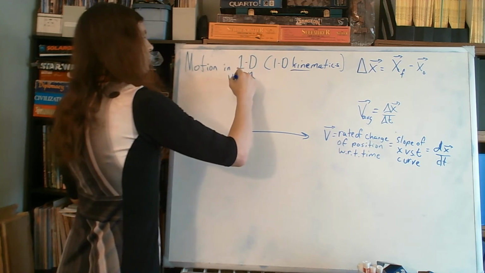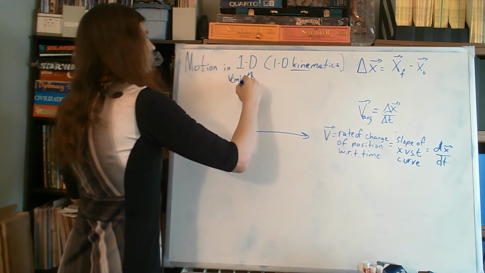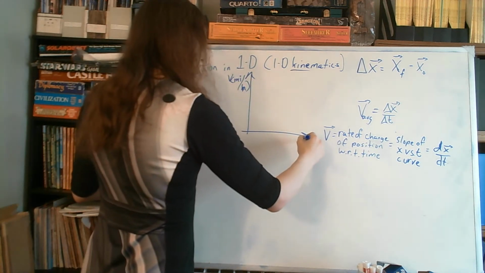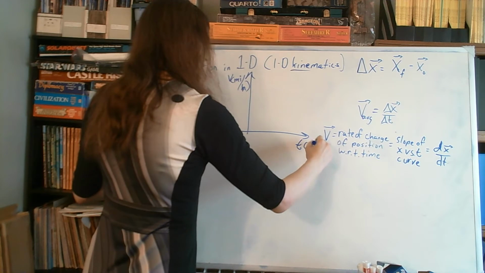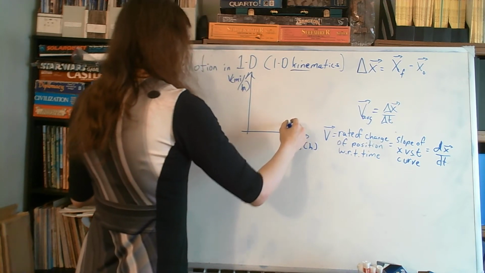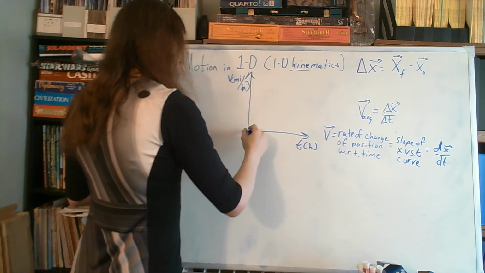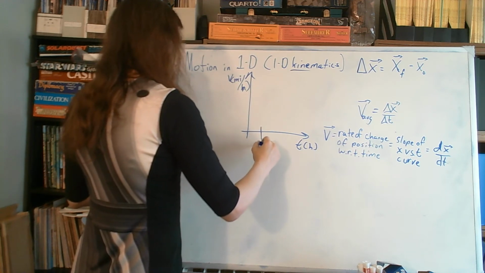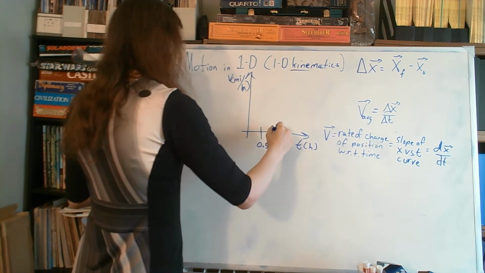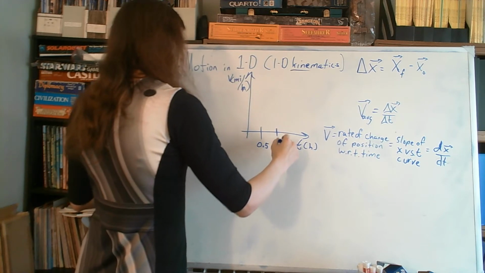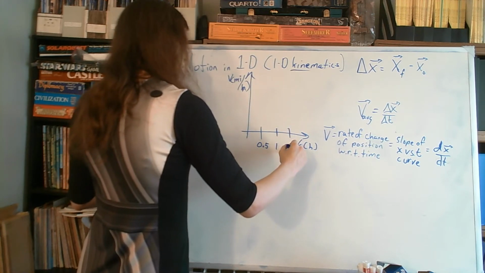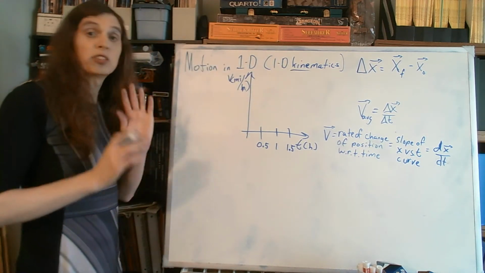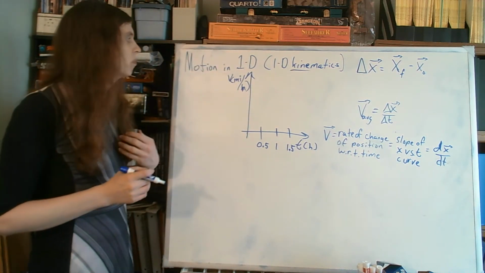I'm going to call this velocity in miles per hour, and I'm going to use time in hours, with marks at 0.5 and 1.5.